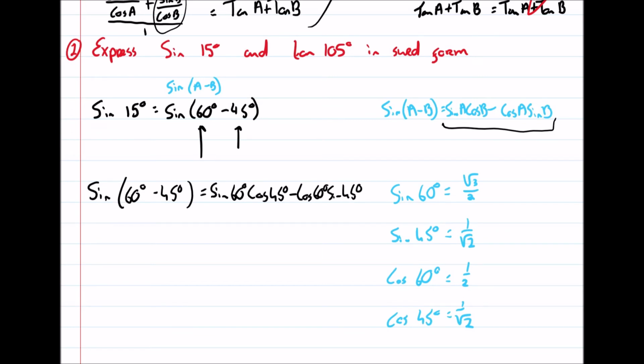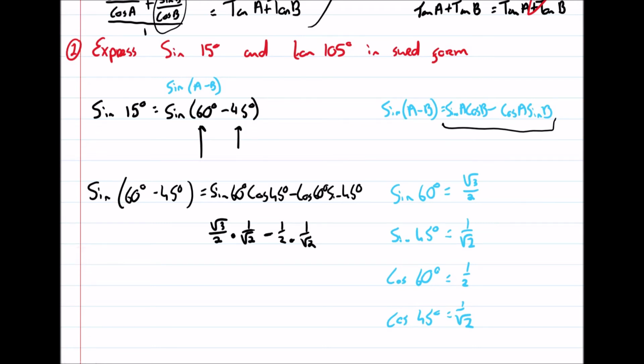So concentrating on this bit here, remember we want to write it in surd form, so the sine of 60 is root 3 over 2 multiplied by the cos of 45, which is 1 over root 2, minus the cos of 60, which is a half, multiplied by the sine of 45, which is 1 over root 2.